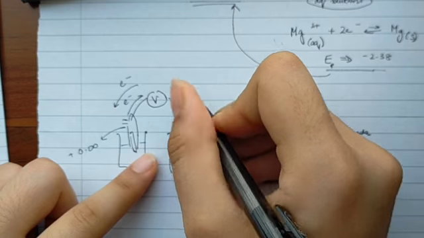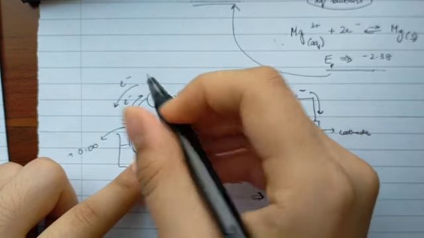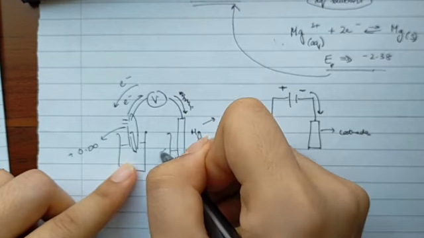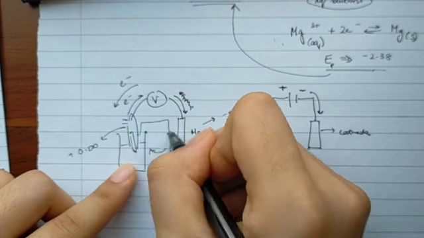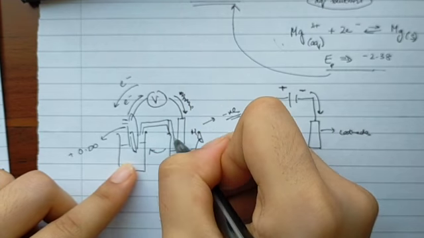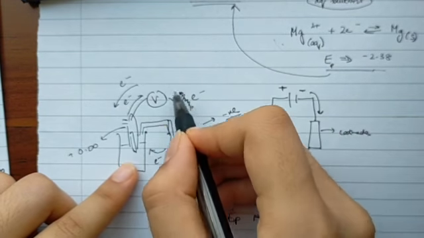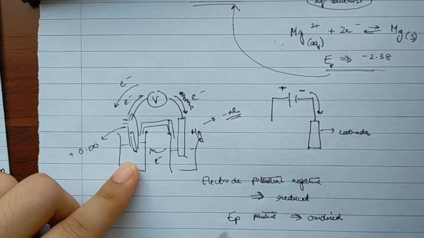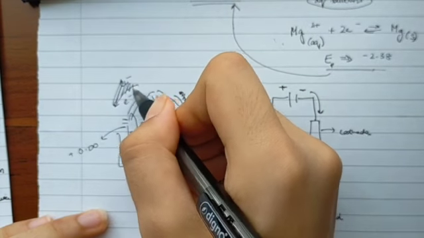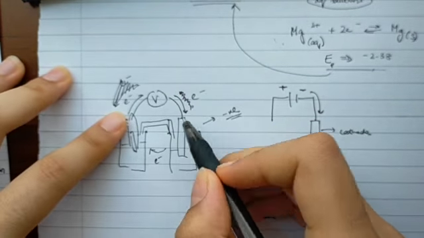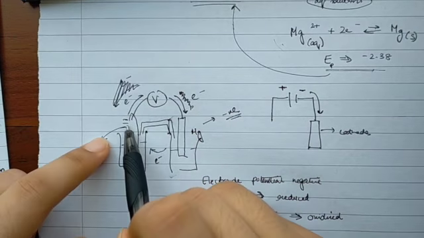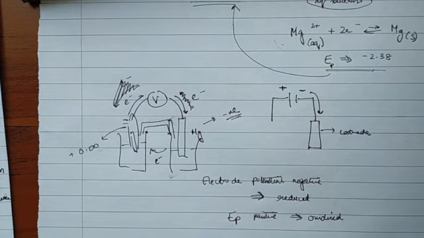So the electron flow would be like this. This is the salt bridge. Remember, this is connected, so the electron flow will be like this. I hope that is clear. So the electrons flow from the standard hydrogen electrode to the magnesium.